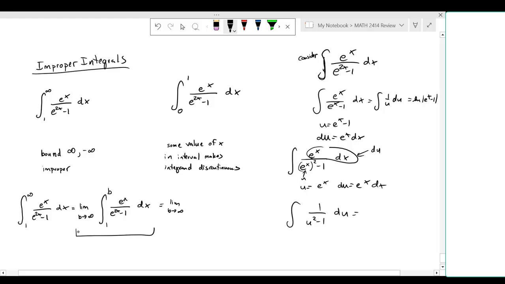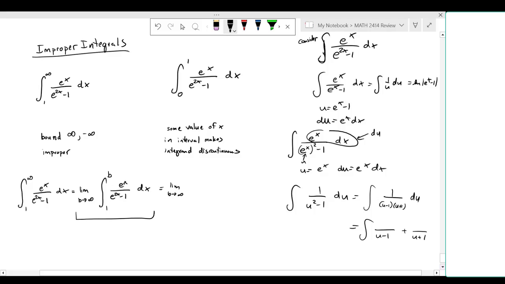And this integral, I believe, is partial fractions, guys. I believe that would be a half.